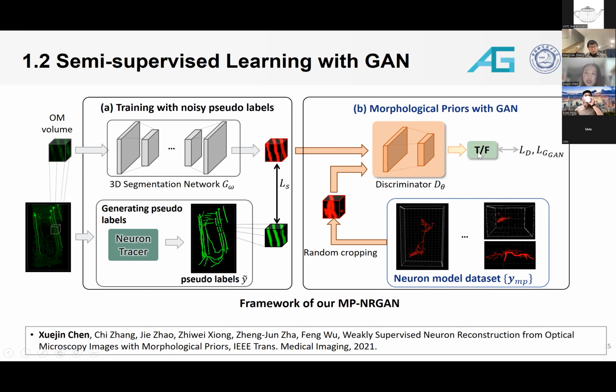So with this generative adversarial network framework, we can train the 3D segmentation network with noisy labels, but with the guidance of high-level morphological priors, we can improve the quality of the segmentation results.